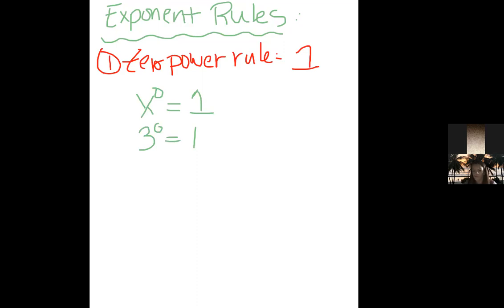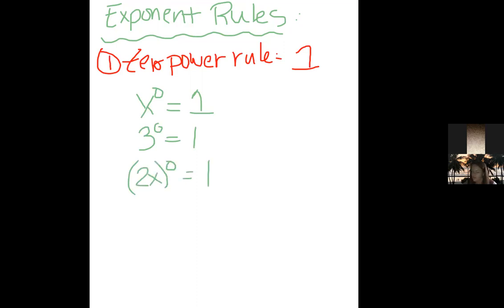I'm just going to do a bunch of examples for you, so you can write down what you want, take notes, feel free to pause. If you see something in parentheses, so let's say that it says (2x) to the 0 power, the whole thing is 1.